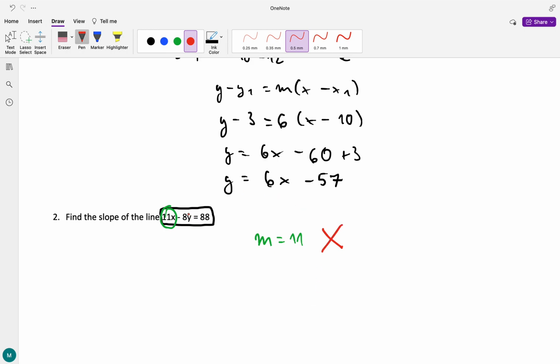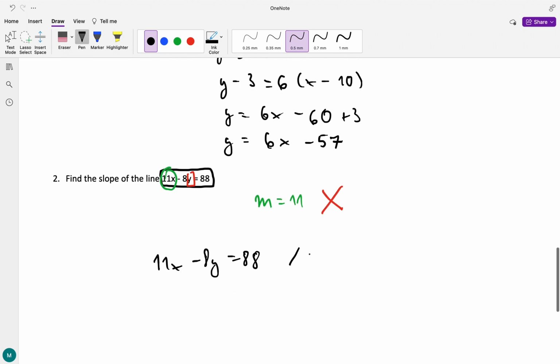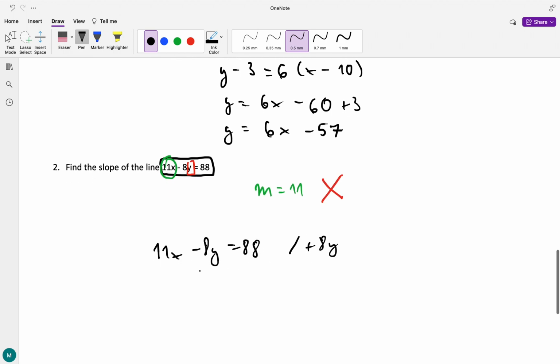Remember, you always want to have y on its own. In this case, we'll have to divide both sides by 8, right? But let us move some things around first so you can see how it happens. So I'm going to write 11x minus 8y is equal to 88. Now I'm going to add 8y to both sides.